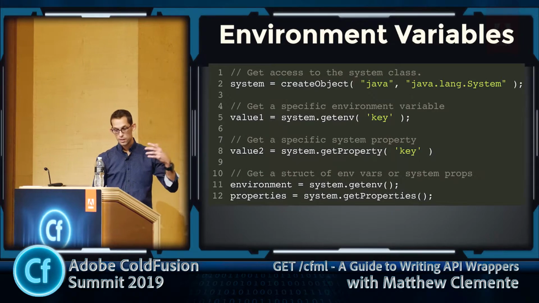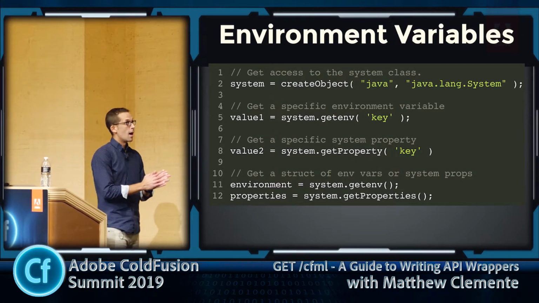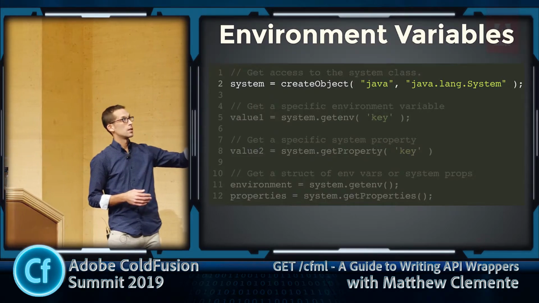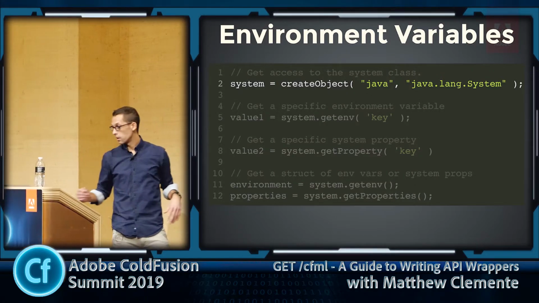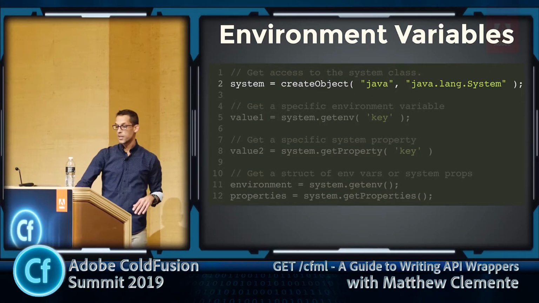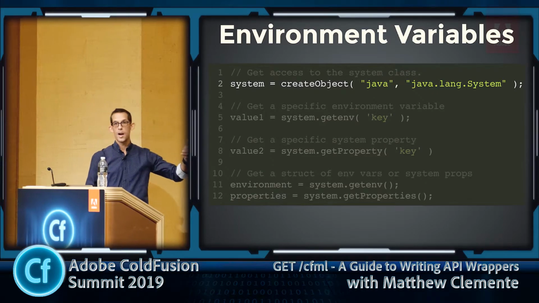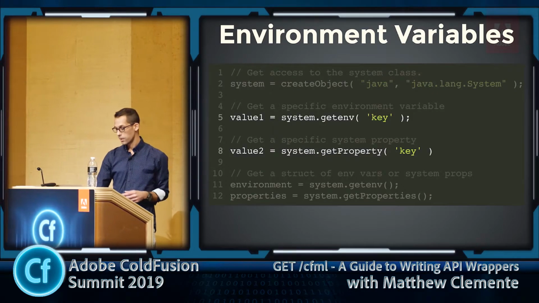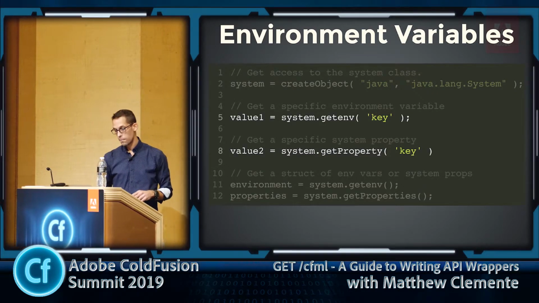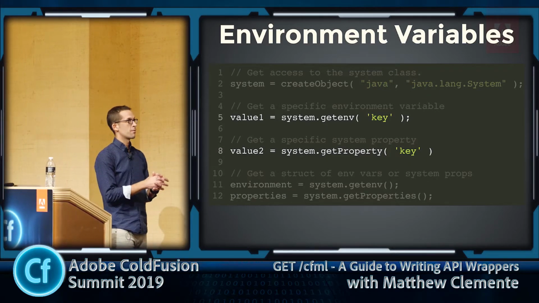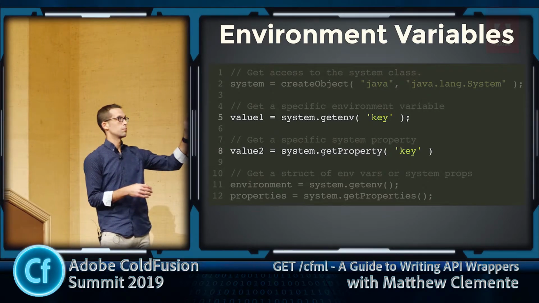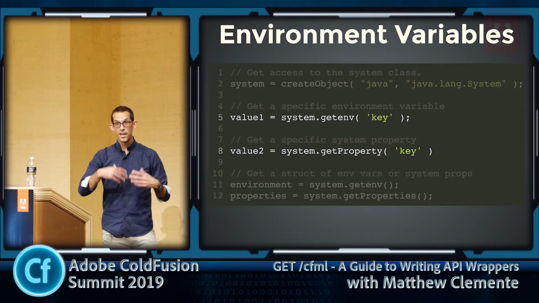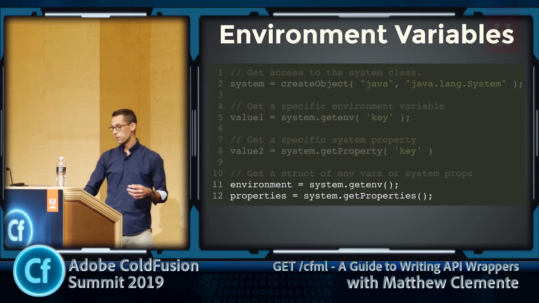Fortunately, this is pretty straightforward in ColdFusion. If you drop into Java, you create an object, the Java System object. This gives you access to environment variables and to Java system properties. So if there's a system property or an environment variable you're looking for, you just do System getenv, and if that's set, you'll have that as a value.